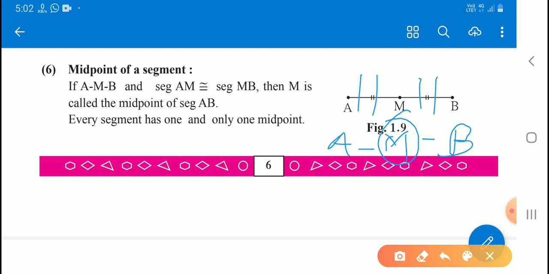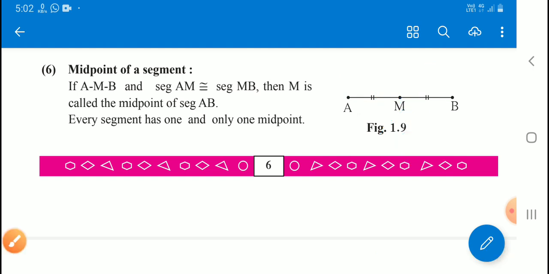By this you will understand that the segments AM and MB are equal in length, so they are congruent.